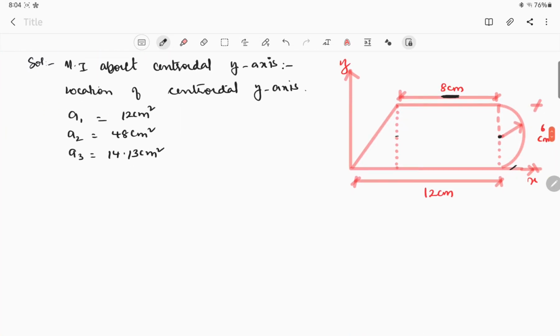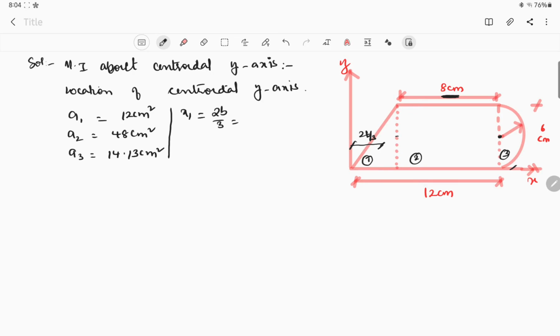Now after calculation of a1, a2, a3, we will calculate x1. How to calculate x1? See here, suppose this is the centroid of this triangle. This is 1, this is 2 and this is 3. We need this distance, which is given as 2b by 3.